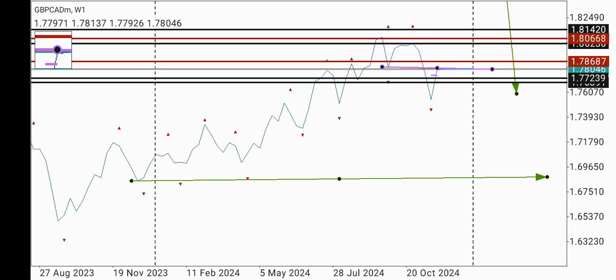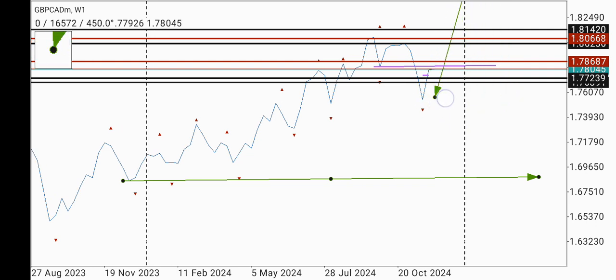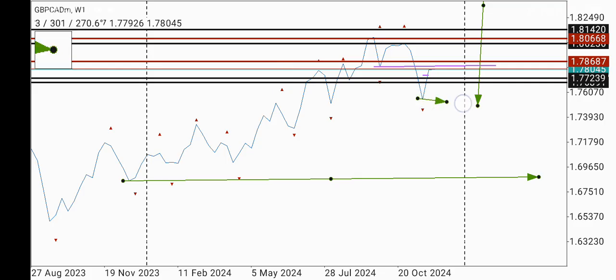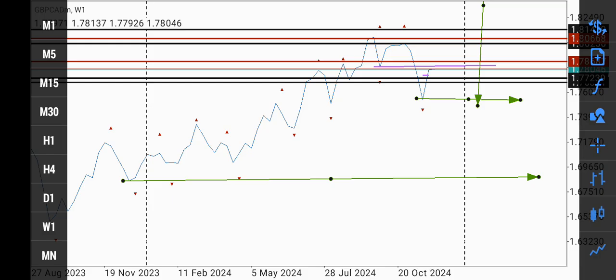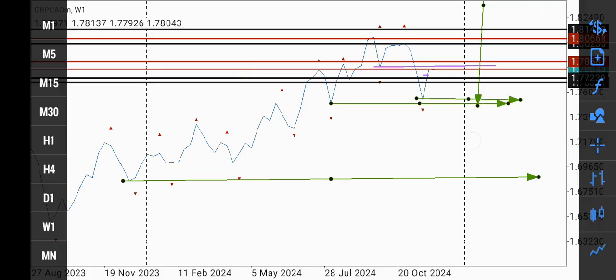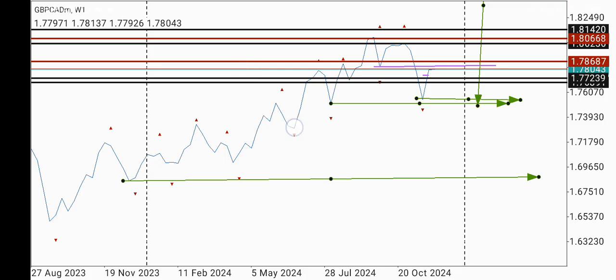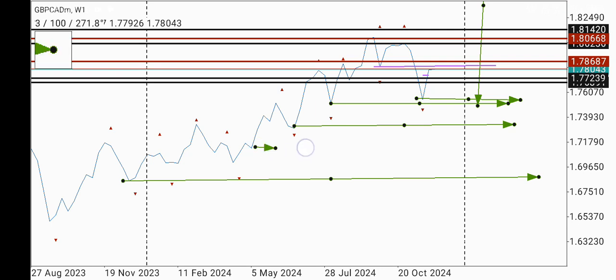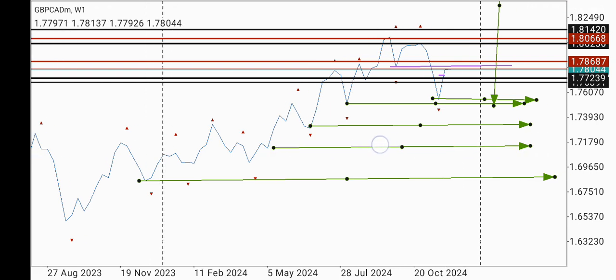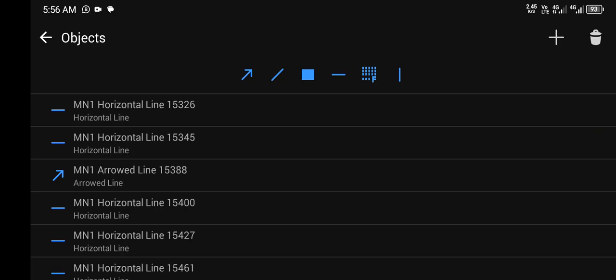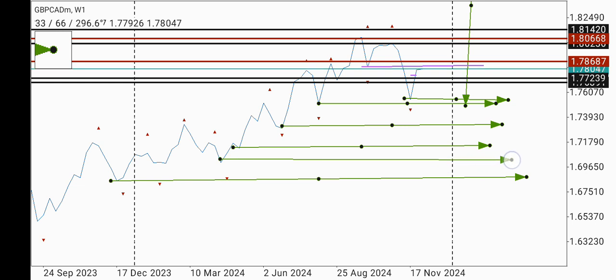Because we still have some sell side liquidity, which is this new low that is formed here, this one here, this one here, this one here, this one here, and this final last year's low.